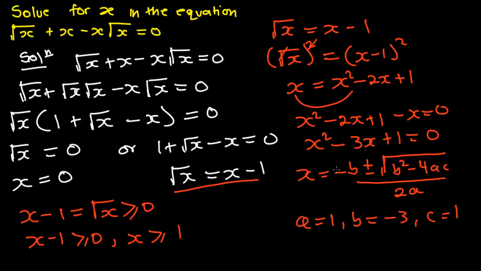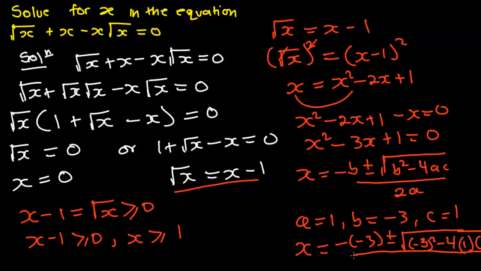And so from here, let us compute this formula. So x will be equal to negative b, b is negative 3, so negative negative 3, plus or minus the square root of b squared, negative 3 squared, minus 4ac, 4 multiplying a is 1, and then c is also 1, all over 2a, and then a is 1.